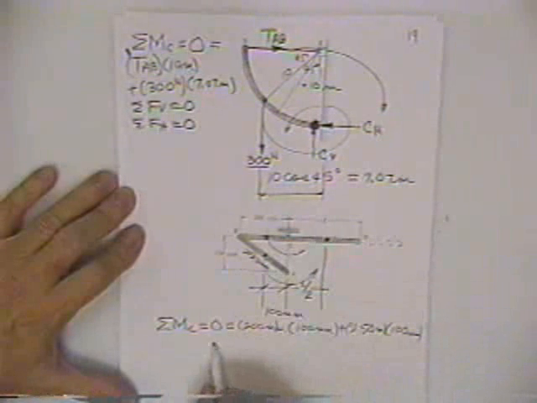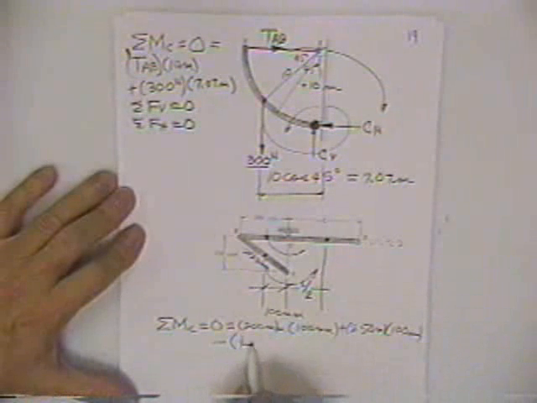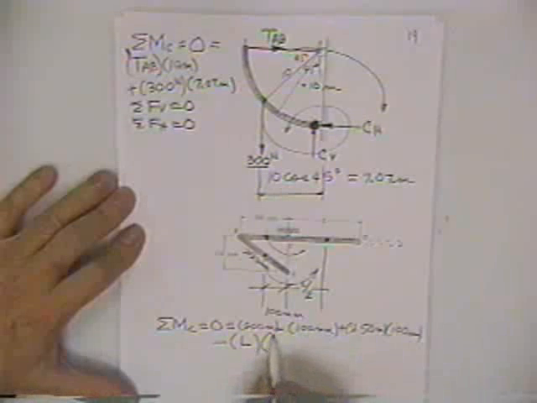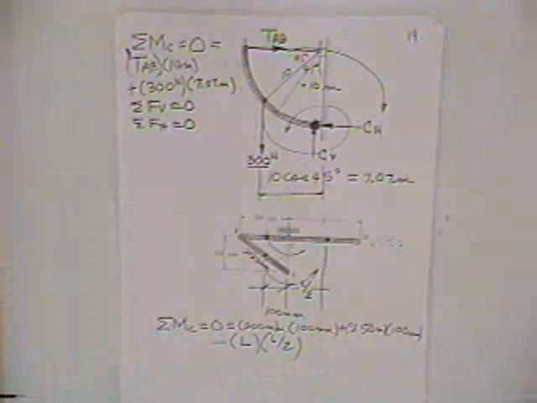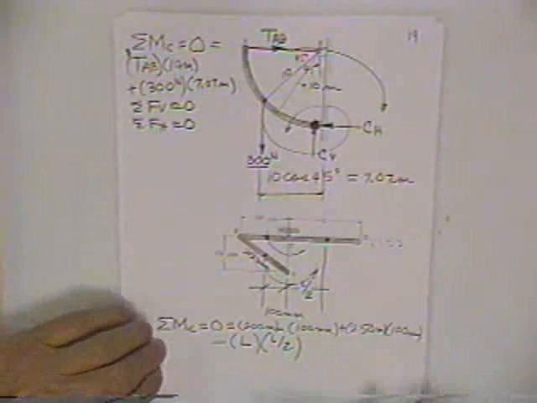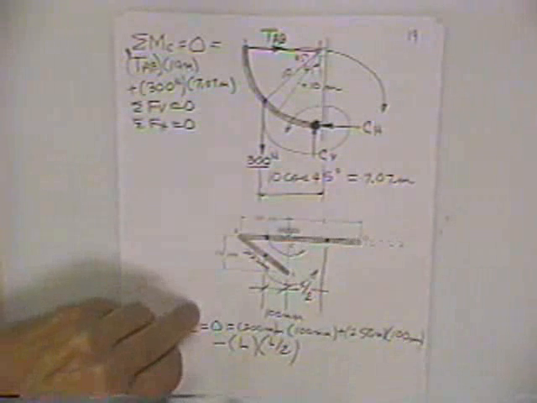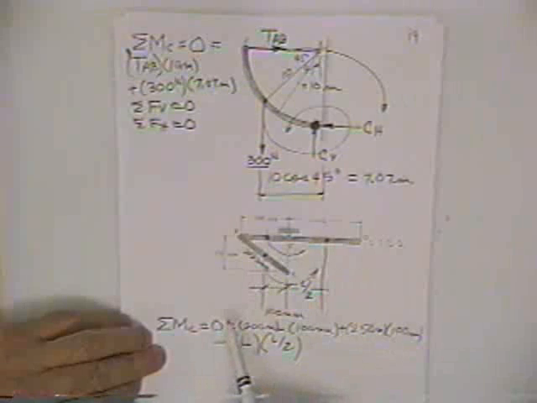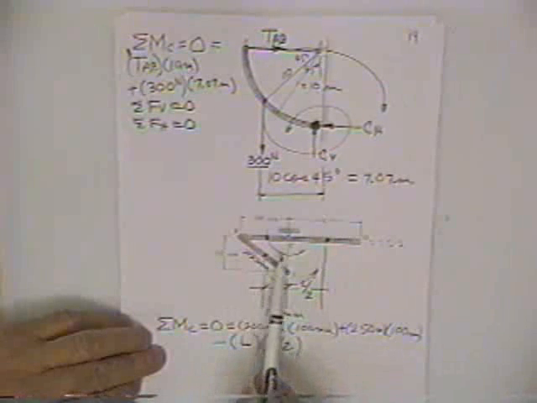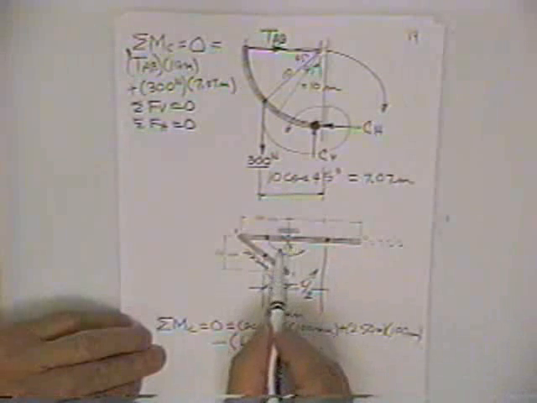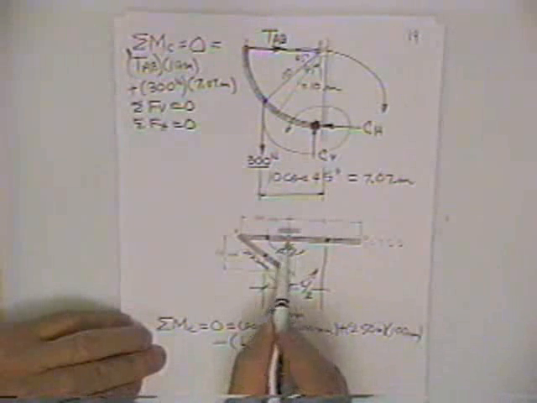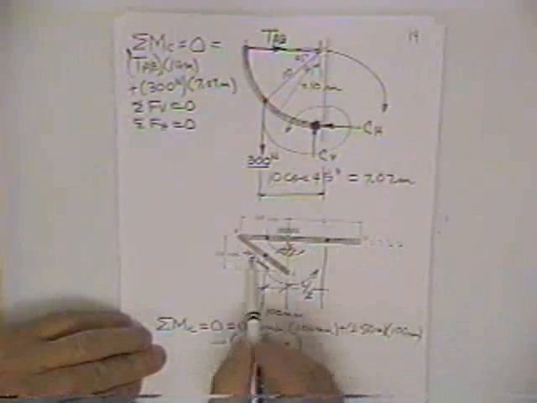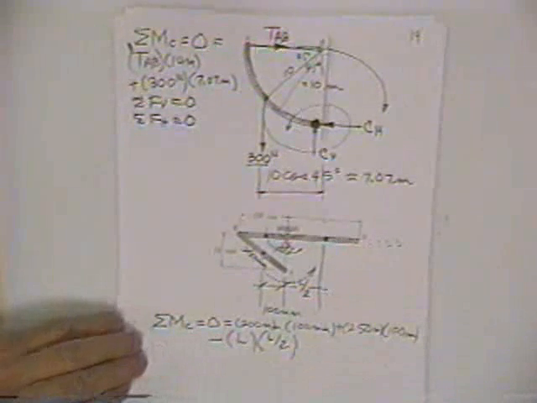This one balances it in the minus direction. Minus L multiplied times his moment arm, L over 2. And you solve for how long the bar needs to be to make the whole thing hang horizontally as shown at C. Now that's really finding the centroid of a piece of wire. In other words, if somebody wanted to know where you could balance this piece of wire on a knife edge, in other words, where is its centroid, that's how you could do it right there, find its centroid.